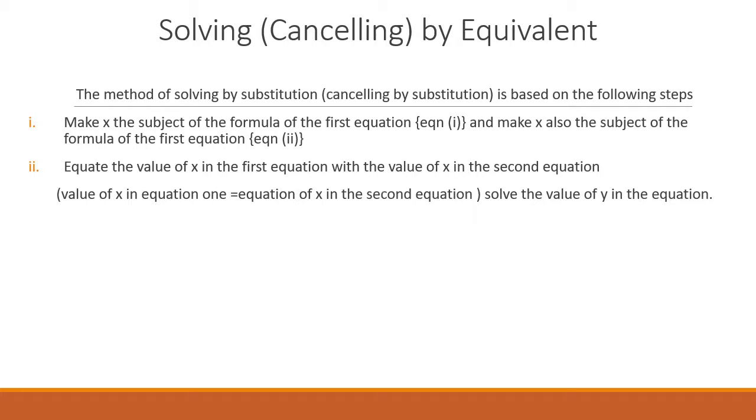So the value of x in equation 1 should be equal to the value of x in equation 2. After that, we solve for the value of y, because after you equate the values of x, you will only get terms comprising the constant and y. So you will have an equation that has only one unknown, which is y.